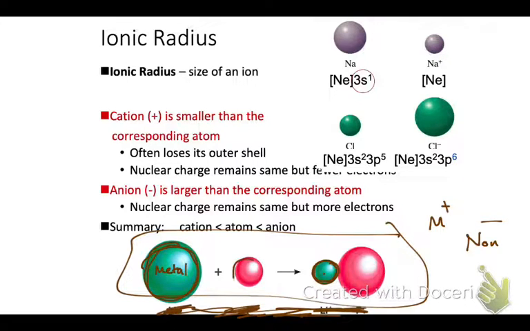And what happened to the red sphere? It expanded, which means it gained electrons, so this must be the non-metal, right? And now if I erase this here, you will see that this is correct. The green sphere corresponded to the metal, which is the lithium, and the red one corresponded to the non-metal. In this case, it was the fluorine.